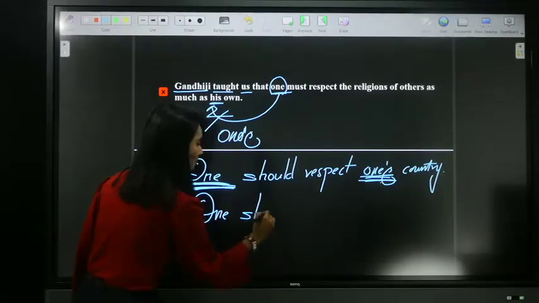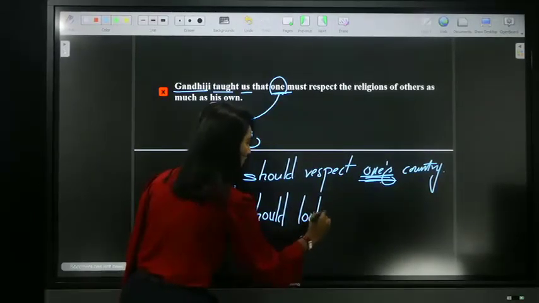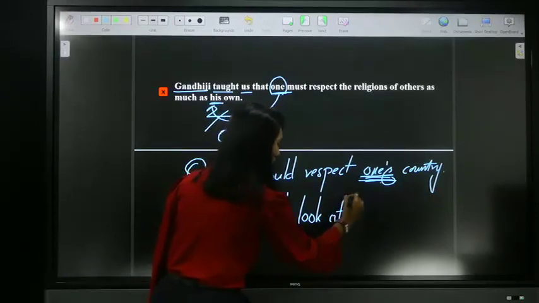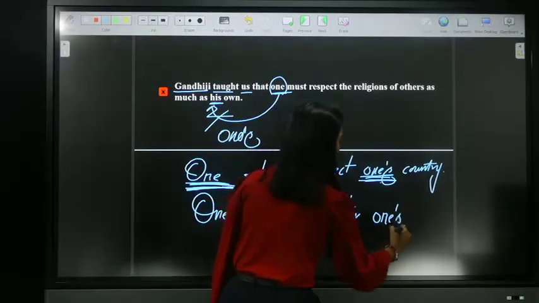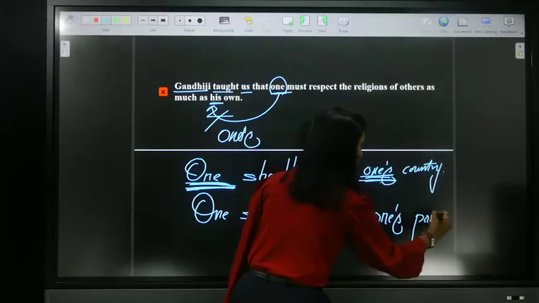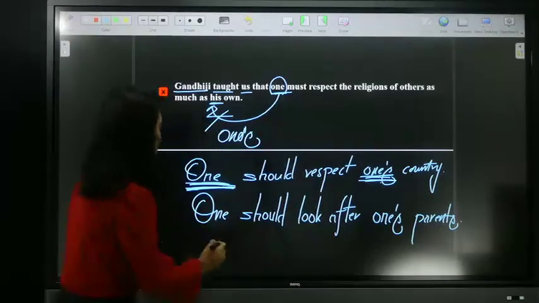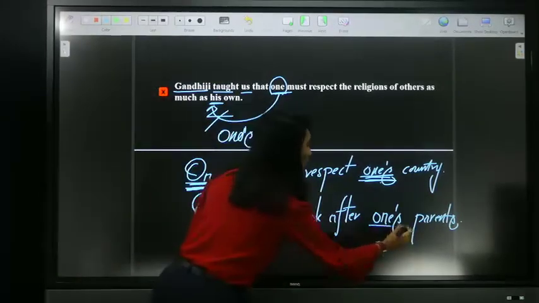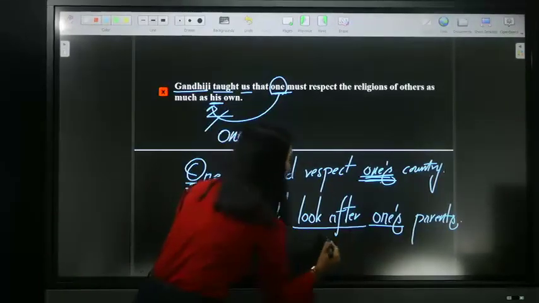One should look after one's parents. Understand? One should look after one's parents. I should look after my parents. What do you mean by look after, guys, by the way?